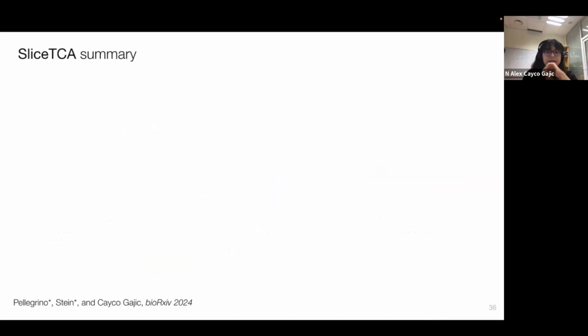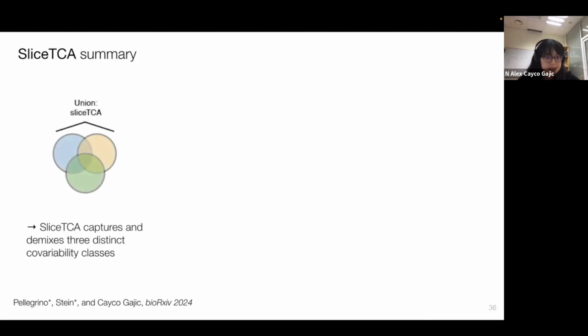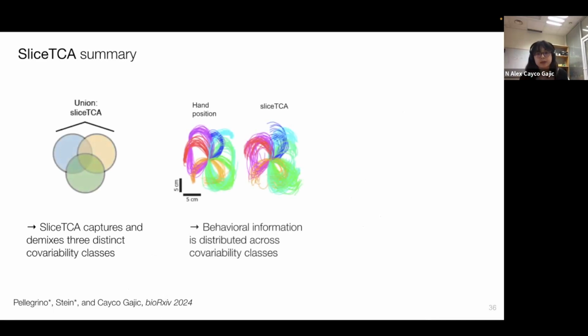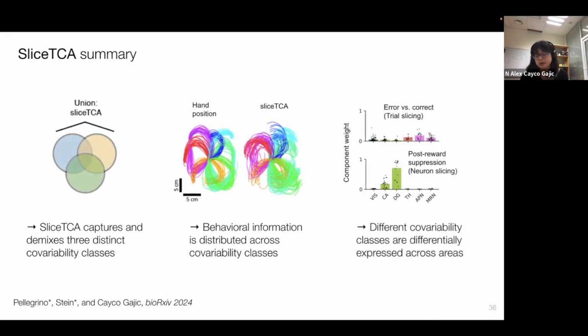Okay, so to summarize this project, we show that sliceTCA is able to capture and demix these three different covariability classes, and that the behavioral information is distributed across different covariability classes, which is why it's important to think about them. Also, the different covariability classes are differentially expressed across areas, which is why we think it could be important going forward with multi-region recordings.